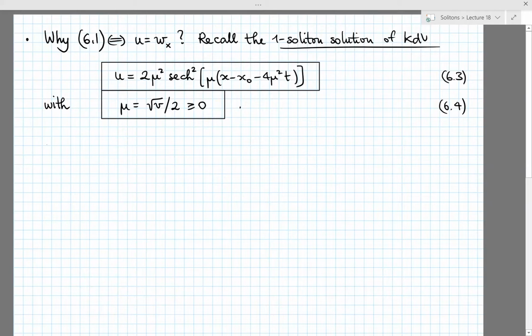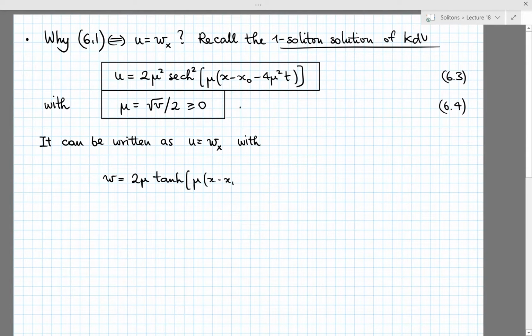And now we observe that we can rewrite this one soliton solution of KdV as u equal to w_x, which is a substitution that we just considered, with w equal to 2 mu hyperbolic tangent of mu times (x minus x naught minus 4 mu squared t).